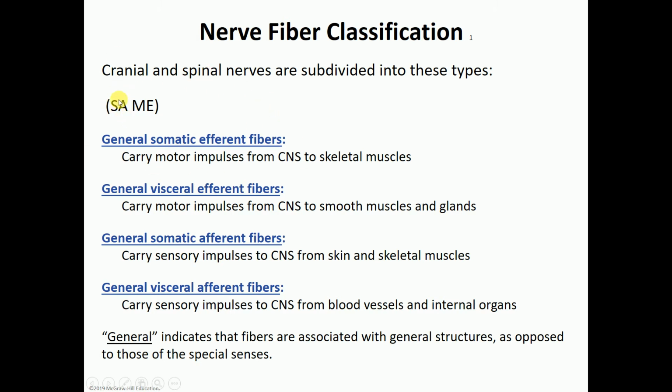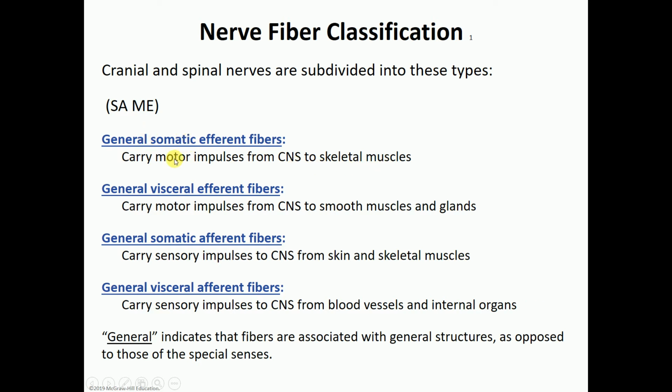Remember that sensory is afferent and motor is efferent. So, a breakdown of these fibers: a general somatic efferent fiber. Efferent means motor. General somatic means it carries motor impulses from the CNS to your skeletal muscles.